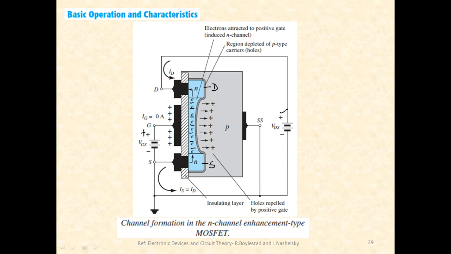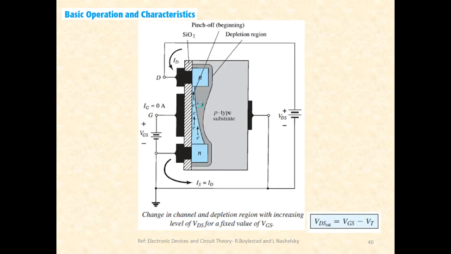It gets formed only when the gate voltage is applied. Since these electrons, being minority carriers, will be moving from the bottom of the substrate towards the top surface of the substrate, whereas the holes will be moving towards the bottom end. So that is the channel formation.